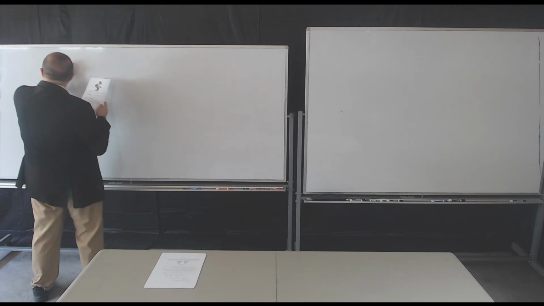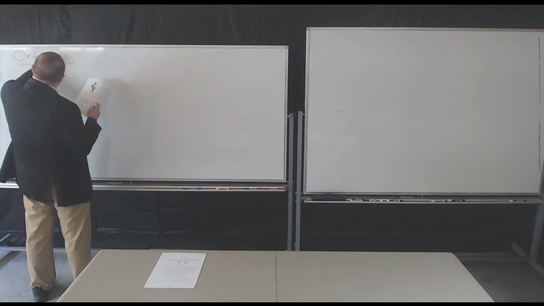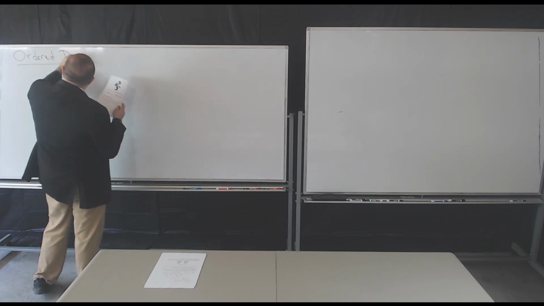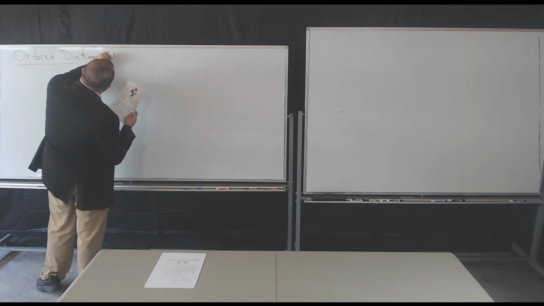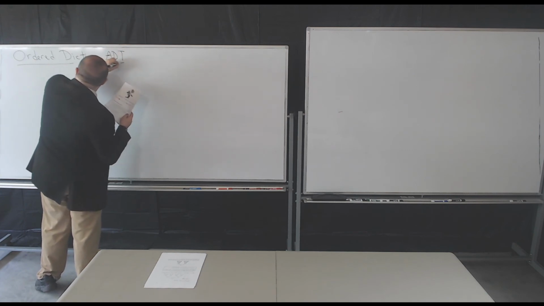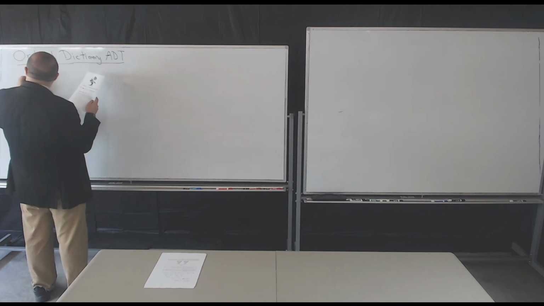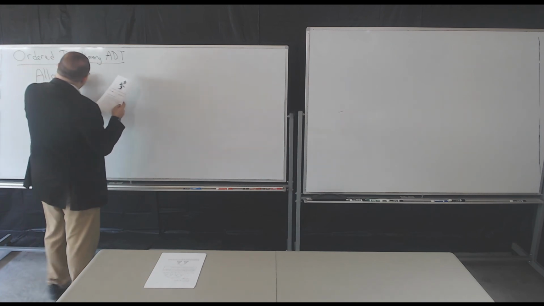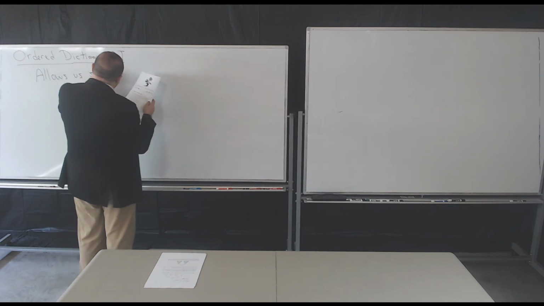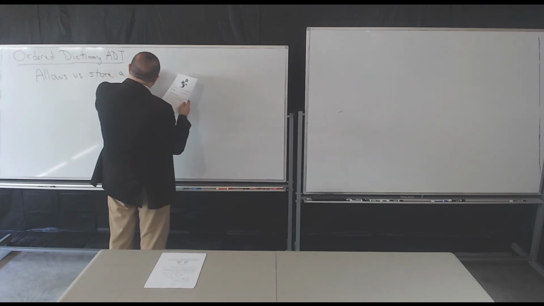Okay, so the last thing we're going to talk about today, we're going to revisit dictionaries. We're going to talk about the Ordered Dictionary ADT. We've talked about dictionaries before. Remember, they have records, and a whole set of operations. So what does it do? It allows us to store a collection of records.